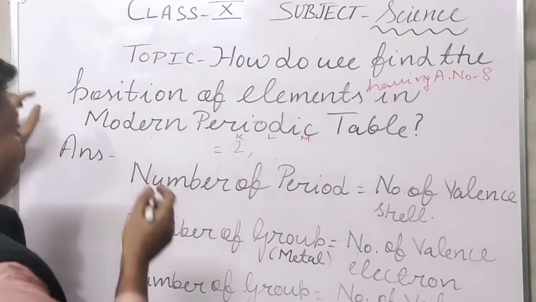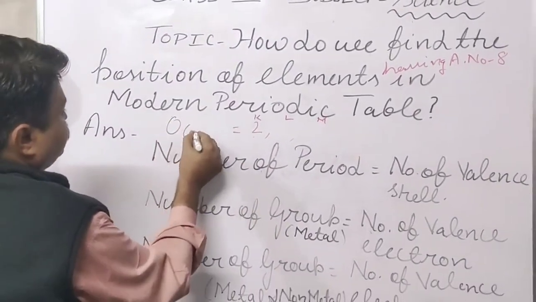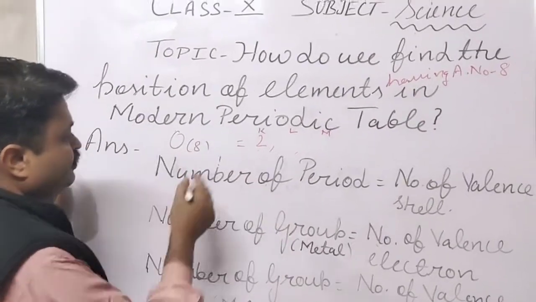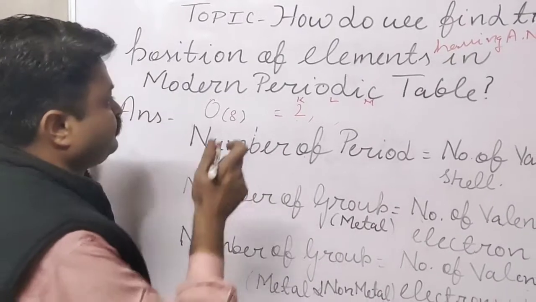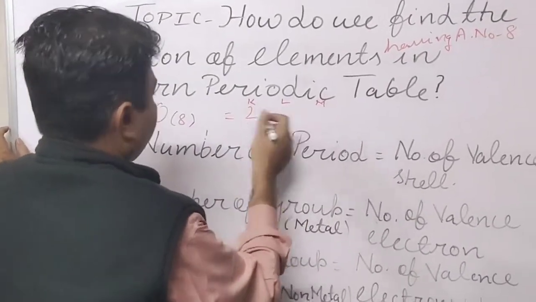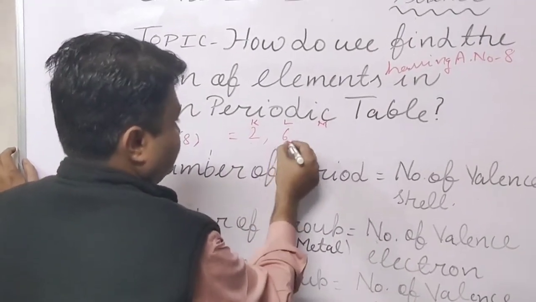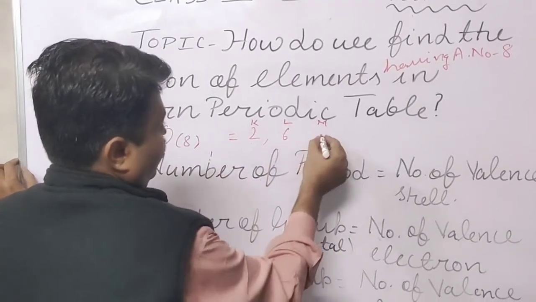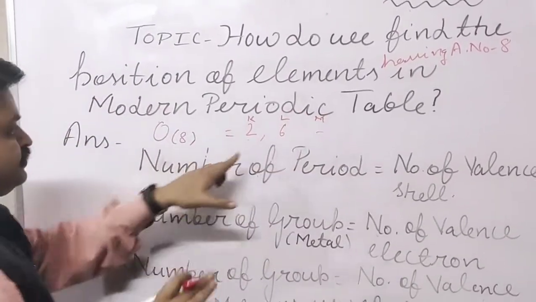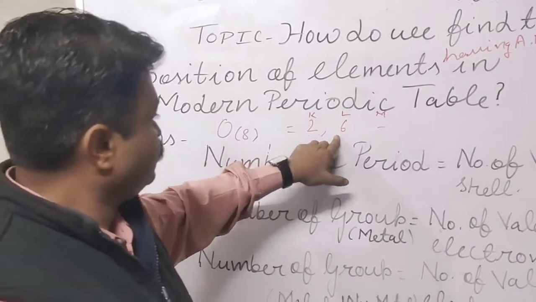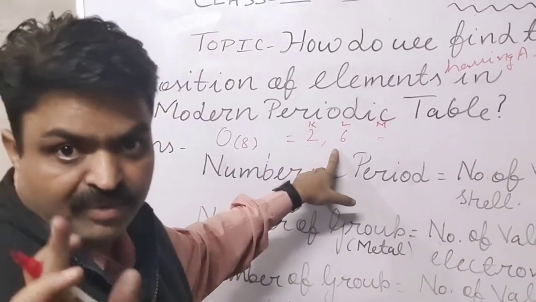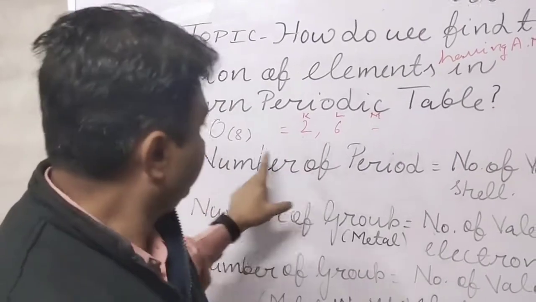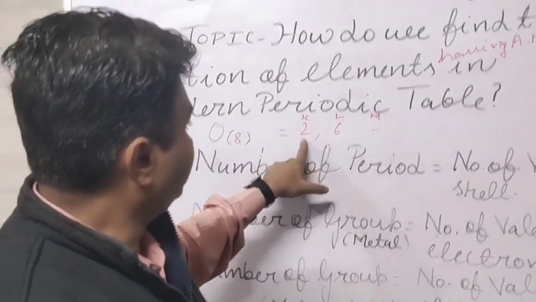So you write here oxygen, atomic number 8. In this, in the L shell there are 6 electrons, with 2 in the K shell. So how many shells are here? With the help of the shells we know the period. So how many shells are here?